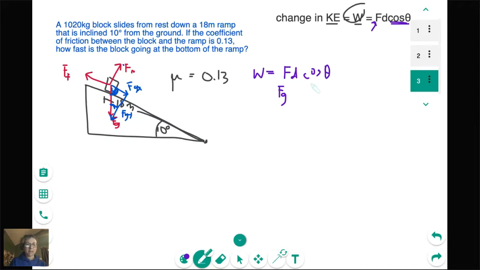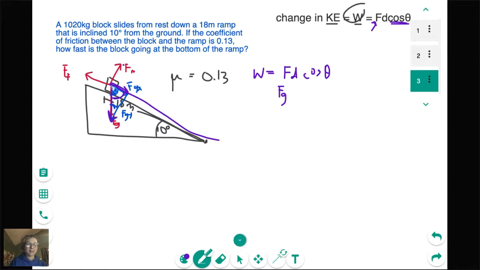And the cosine theta will be the angle between this force and the distance that it slides down the ramp, which is our 80 degrees. So cosine 80. Or you can conceptualize it as my force is this one, FGX, which is equal to FG cosine 80.